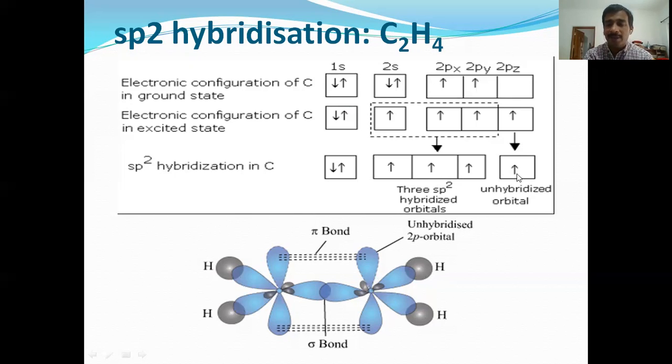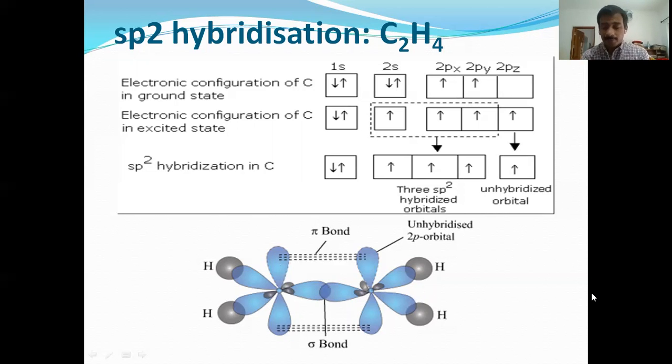Here the unhybridized p orbital contains an unpaired electron, so it also can take part in bond formation. So by sidewise, lateral overlapping, there forms a pi bond. So in the carbon-carbon double bond, one is a pi bond and the other one is a sigma bond.